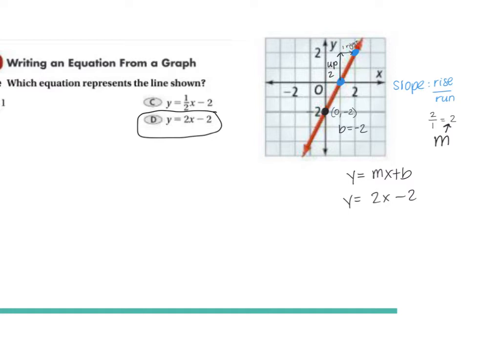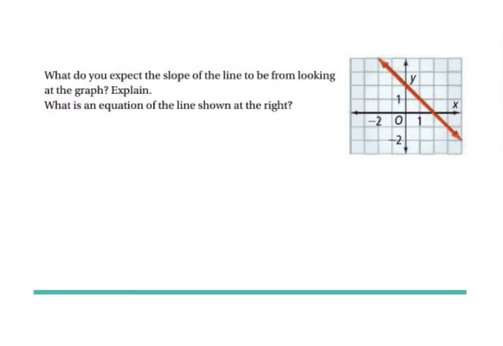About this graph, this one was facing or going up, right? What do you expect the slope of the line to be just from looking at the graph? Well, what's different compared to this graph? Ashton? It's facing up. Okay. What's this one doing?